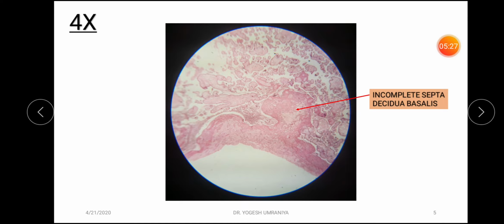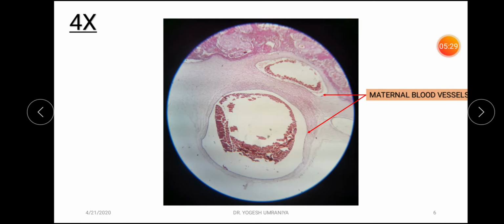Now we are moving towards the 10x. In this image, sorry, under the 4x, you can see within the decidua basalis this is the maternal blood vessel containing the maternal blood, and this is the chorionic villi of the chorionic plate, and this one is the decidua basalis, which contains the maternal blood vessel.